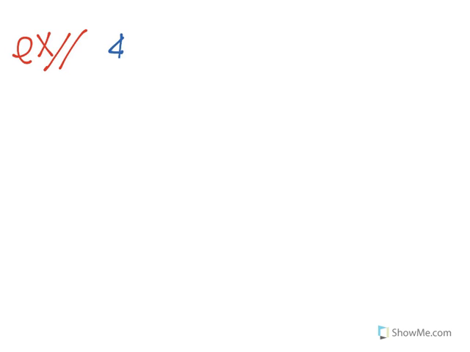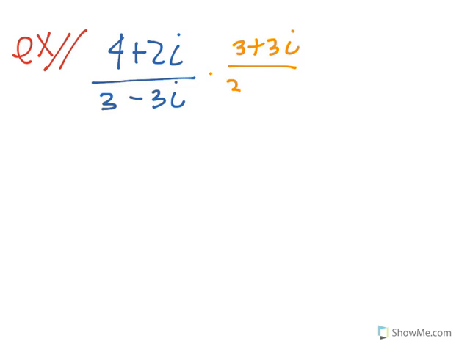Okay, let's do some real numbers. What about 2i over 3 minus 3i? What do we got to do? All you got to do is multiply the top and the bottom by the conjugate of the bottom.